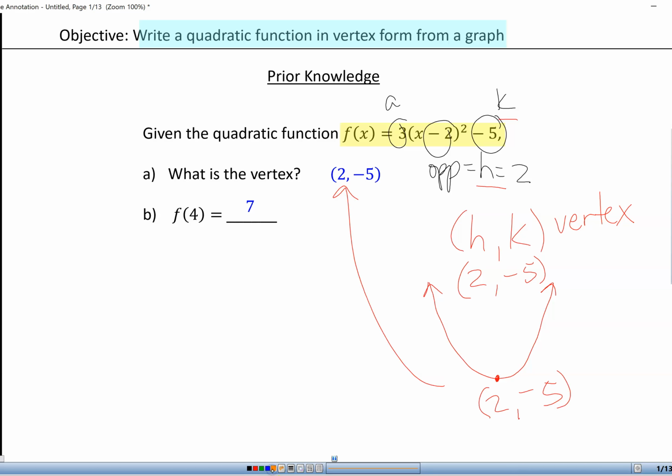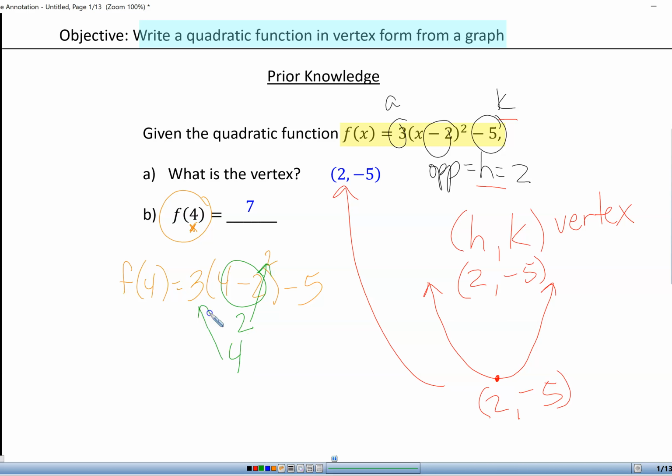Another thing that we have previously learned and worked with is function notation and being able to use that to calculate values. So the 4 is a value of x, and we would take our function f of x, and to find f of 4, remember, we would substitute the 4 in for the x, and then do the math following order of operations. So we would simplify, doing the subtraction in the parentheses first. That would give us 2. Then we do the exponent, 2 squared would be 4.